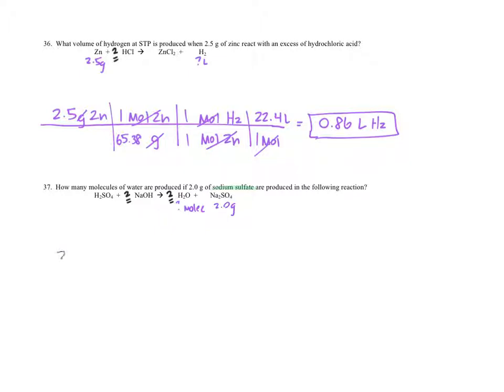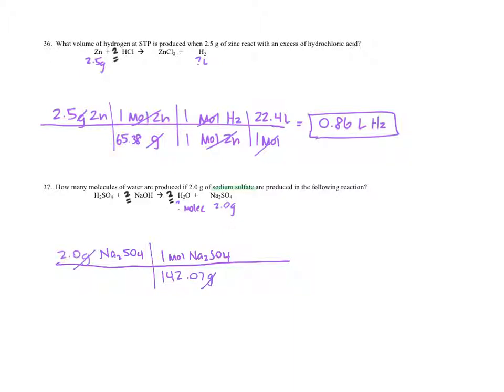So again, I'm going to start with 2 grams of Na2SO4. I'm in grams. My first step is always to go from grams to moles. So I have moles of Na2SO4 on the top, molar mass of Na2SO4 on the bottom.